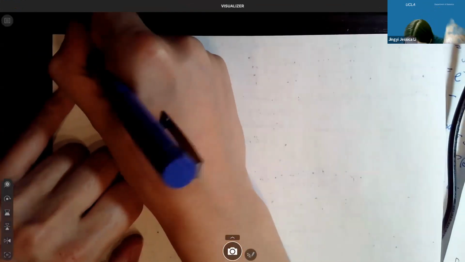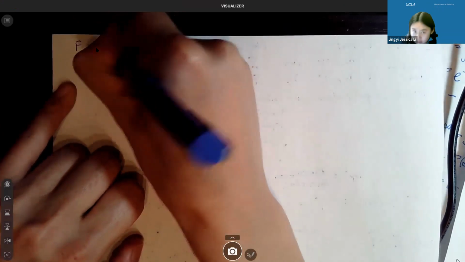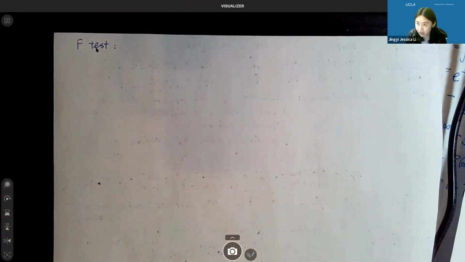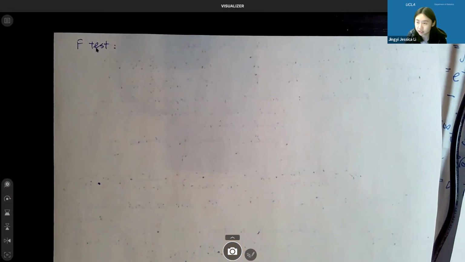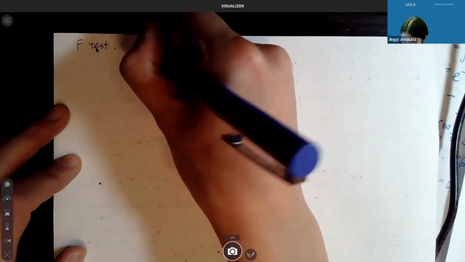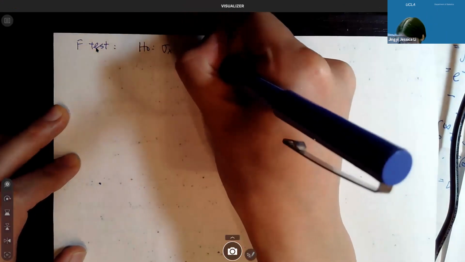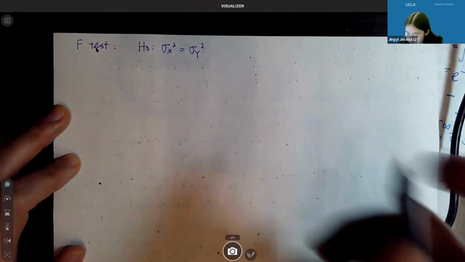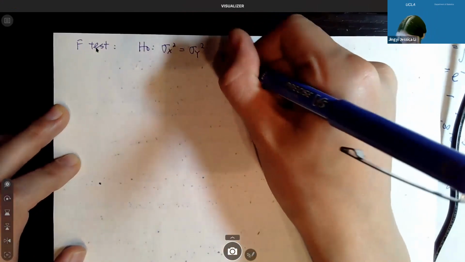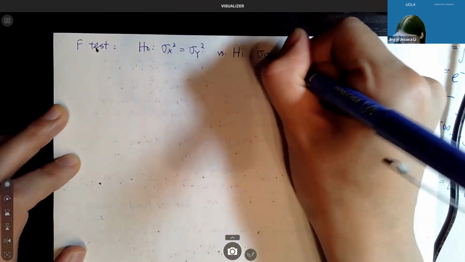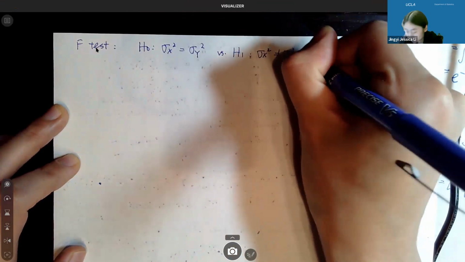For the F test, we still have the same Gaussian normal distribution assumption as in Welch's t-test. But the null hypothesis is that sigma x squared equals sigma y squared, while the alternative is that sigma x squared doesn't equal sigma y squared.